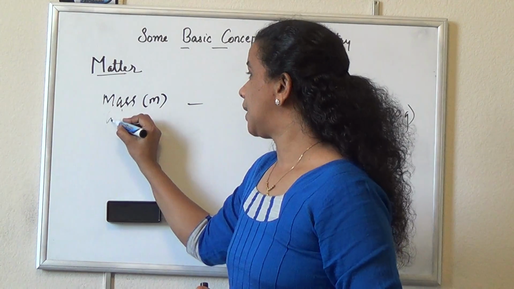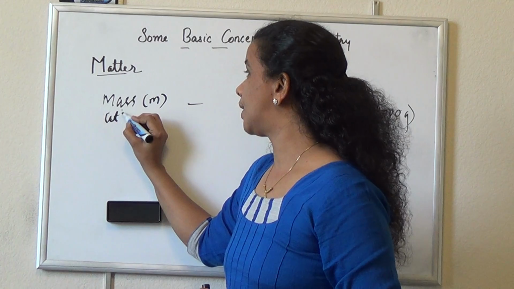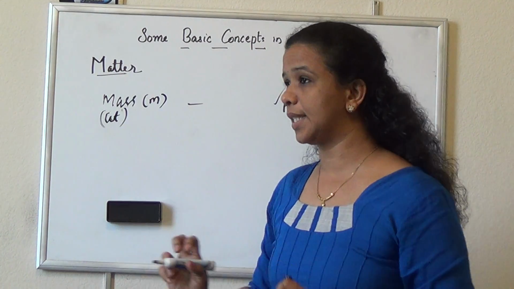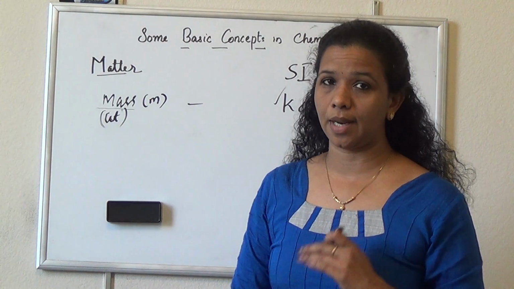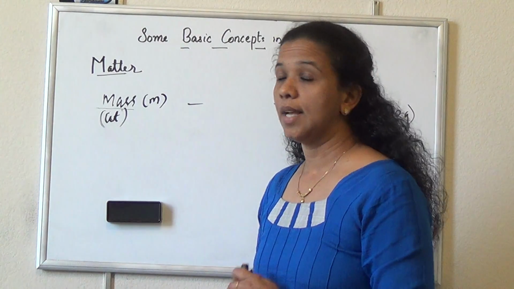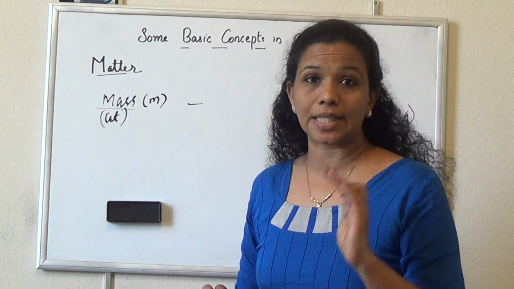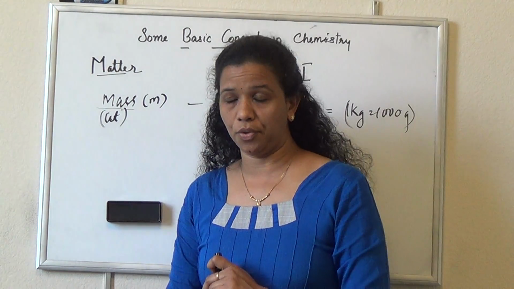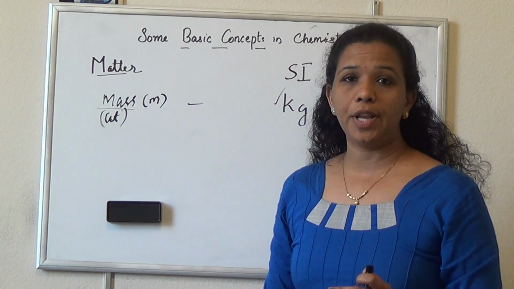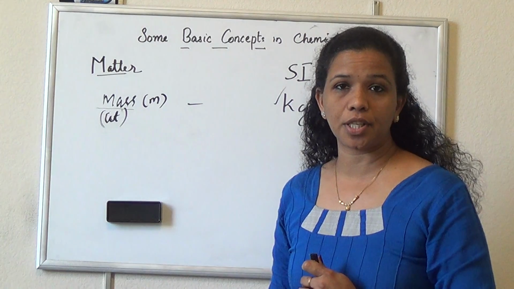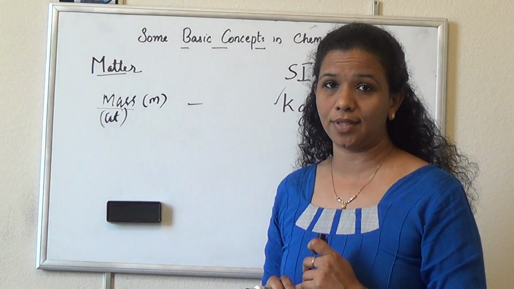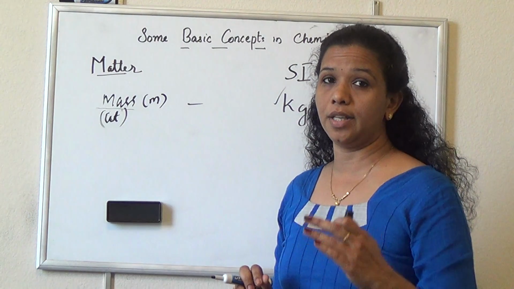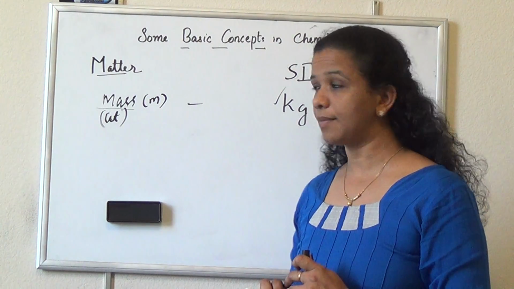So mass and weight we always use together, but there is a difference. Mass is the amount of matter in a substance, that is a constant always. It does not depend on gravitational force, but weight depends on gravitational force. So therefore that is not a constant. It will vary in different places.